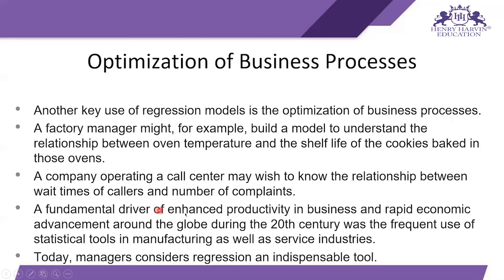A fundamental driver of enhanced productivity in business and rapid economic advancement around the globe during the 20th century was the frequent use of statistical tools in manufacturing as well as service industries. Today, managers consider regression an indispensable tool.